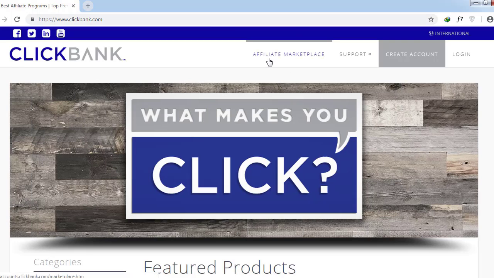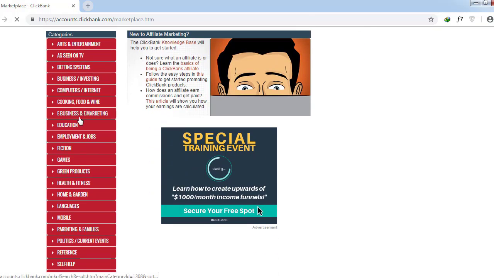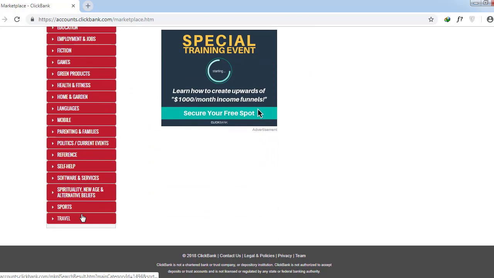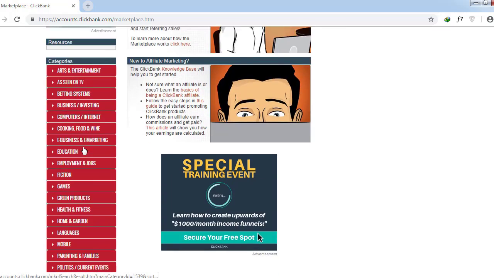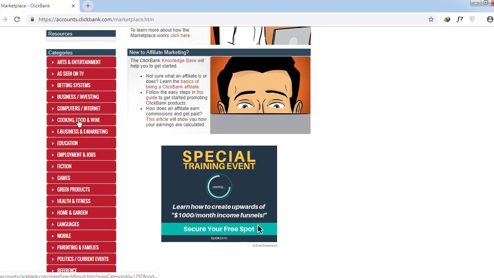If you move to the affiliate marketplace, you could see that there are different categories on the left hand side of your laptop or PC. These are all, you can call it niches in the business term, and arts, entertainment, betting system, business, computers, all major niches are covered here.